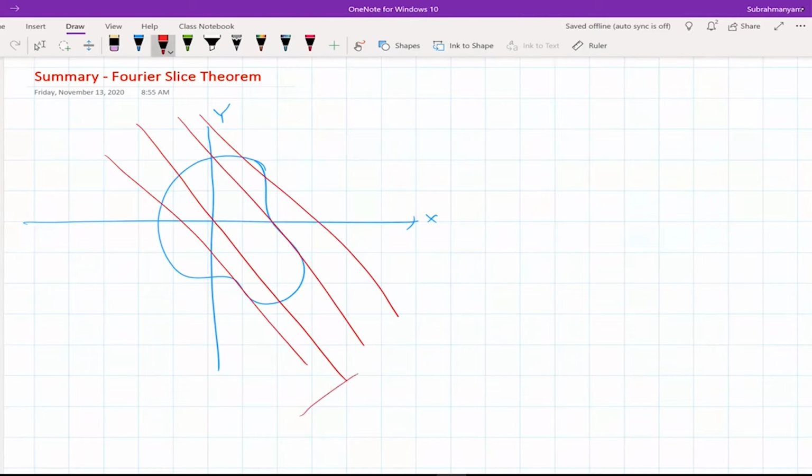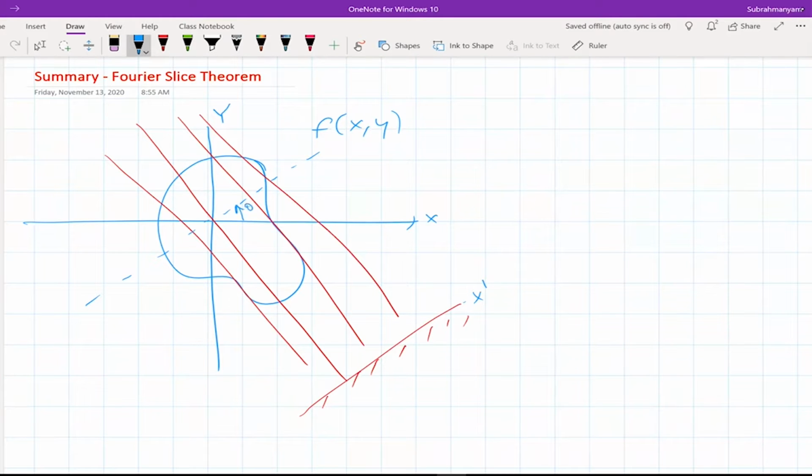So assume that this is your detector, and this is the given function f of x,y, where this is x and y, and let's call this x dash here. Suppose this sensor is making an angle theta.